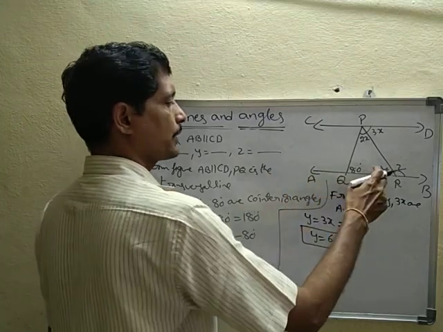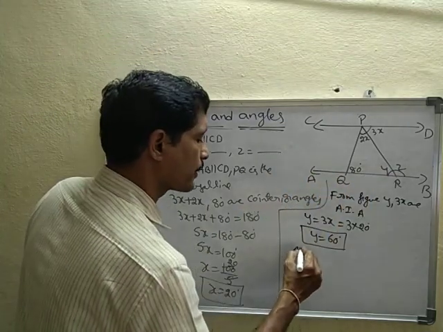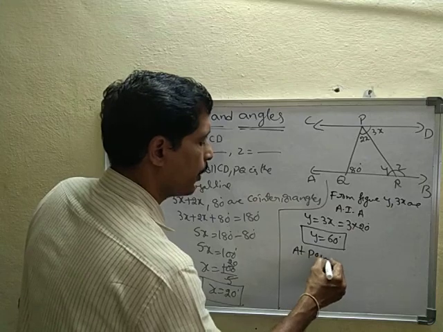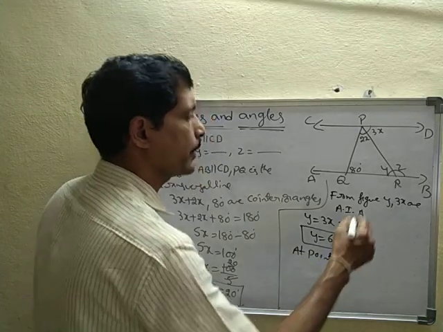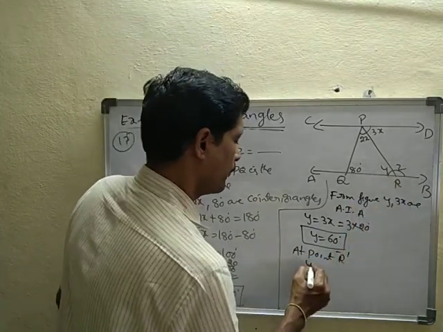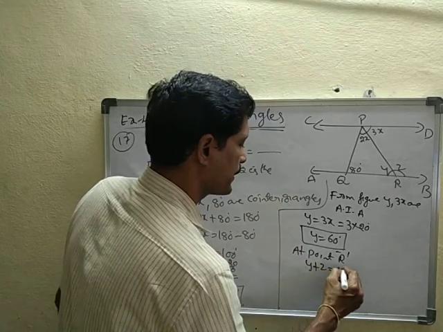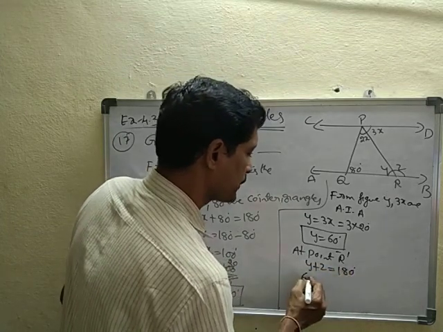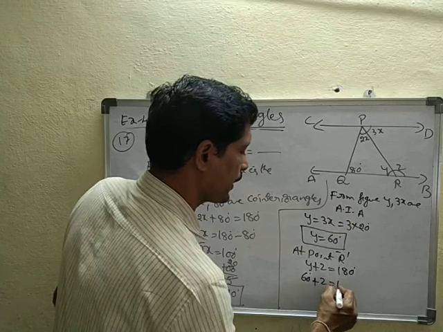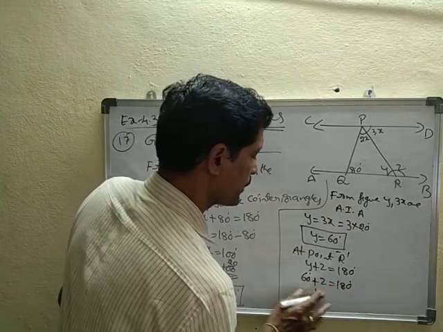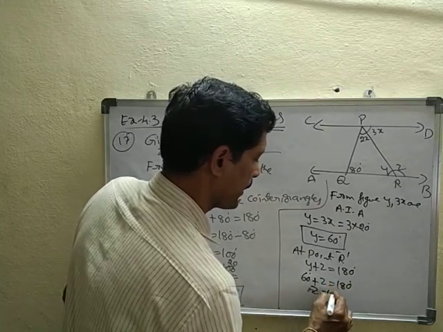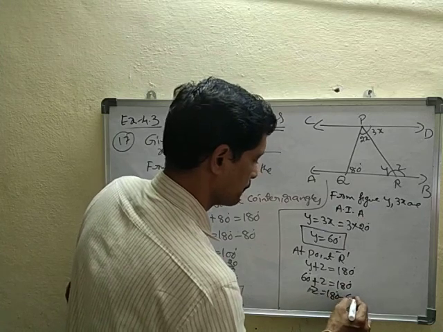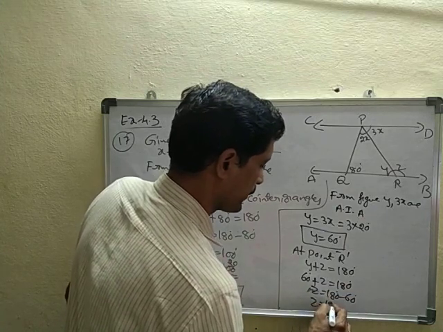Otherwise, here the total angle equals how much? That is y plus z equals 180 degrees. Therefore y equals 60 degrees plus z equals 180. Therefore z equals 180 minus 60, z equals 120 degrees.